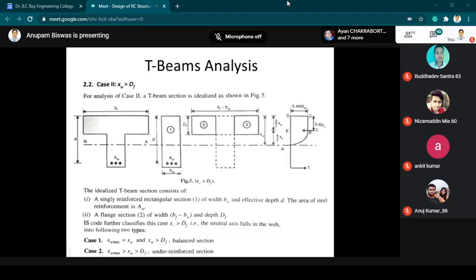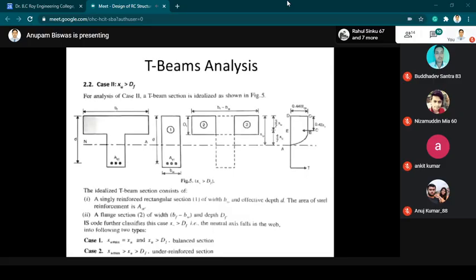The width of the vertical web portion, segment 1, is the width of the web, bw, and depth is the effective depth small d, whereas for segment 2, the flange portion, the width of the web is subtracted from the overall width of the flange, that is bf minus bw.